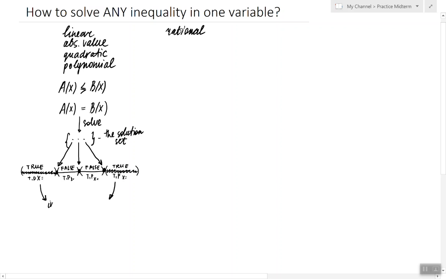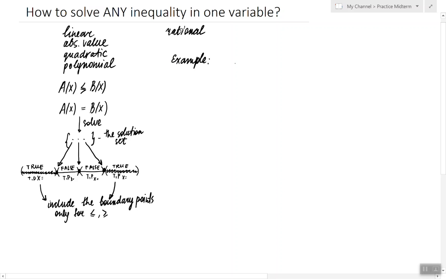We include the boundary points only for non-strict inequalities. So the inequalities that have signs like this. So let me show you an example real quick.